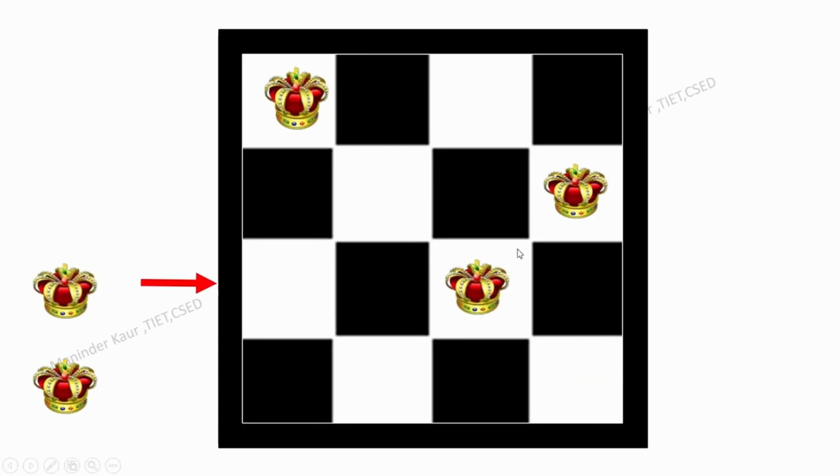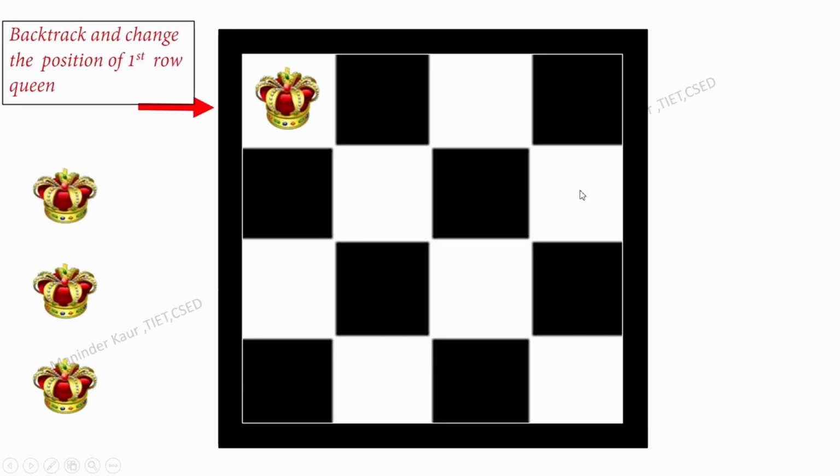It is not the appropriate position because there is a diagonal attack, and this is also not the appropriate position because there is a vertical attack. That means the position of the second row queen will have to do backtracking. The position of the second row queen is not appropriate, but there is no further feasible position in the forward direction. Now what we are left with, we have to discard this position also.